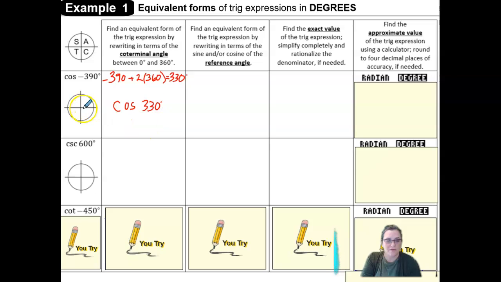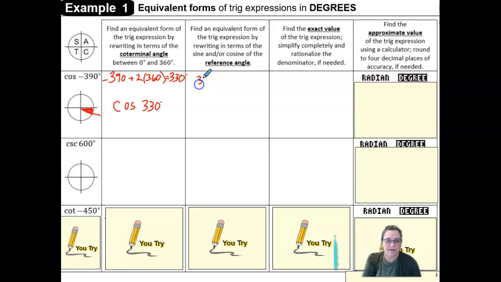And 330 degrees is in quadrant 4 on the circle, right here. Okay, so now if I look for the reference angle for 330 degrees, my closest x-axis is at 360.